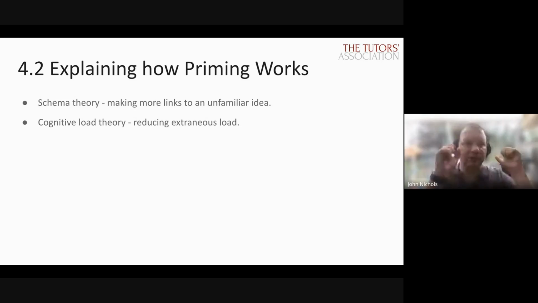We would link things like a house to bricks, mortar, bedrooms, bathrooms, and all the things we'd expect in a house. We don't link a house to robotic machinery, because presumably you don't have a lot of robotic machinery in your house. Whereas if you were talking about a car factory, you would make that connection. So schema theory is about making connections between related ideas and having rich, dense networks of things that we understand well.